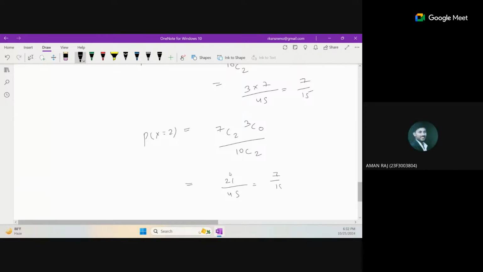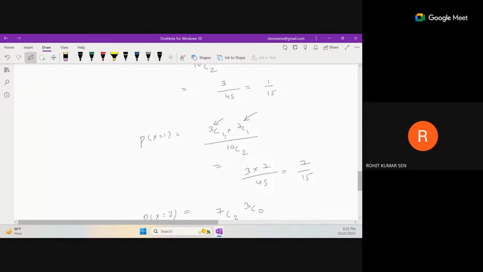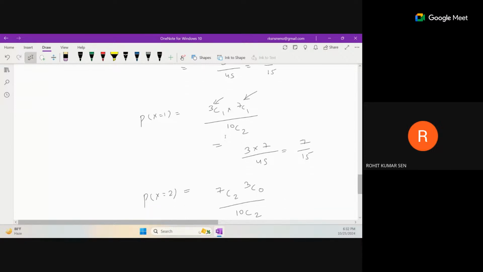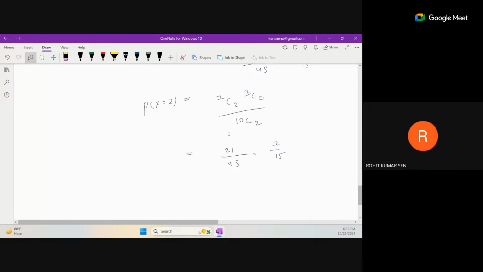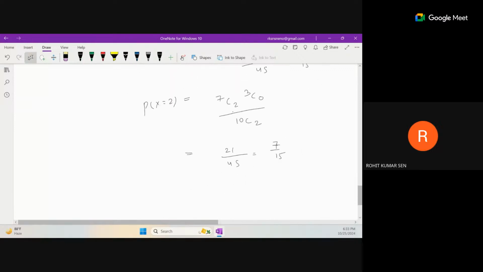If we add the total probability, it is 1 plus 7 plus 7, that is 15 by 15, which is again 1. So the total probability is also 1. Our probability distribution is 1 by 15, 7 by 15, and 7 by 15.